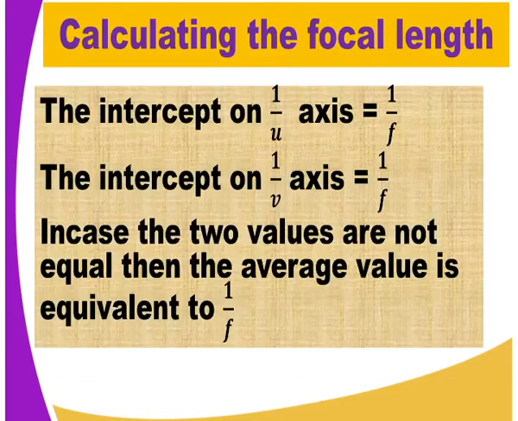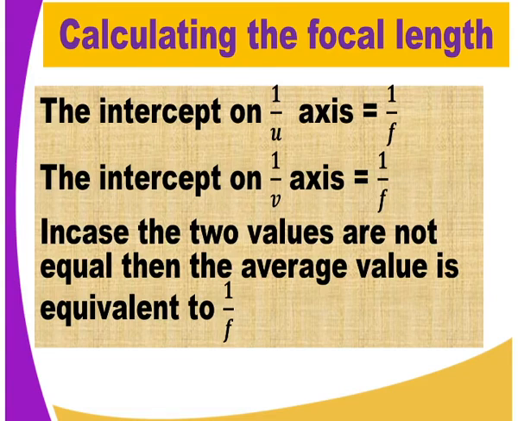From the graph, you can find out that the intercept on 1 over U is equivalent to 1 over f. The intercept on 1 over V is also equivalent to 1 over f, meaning that the intercept on 1 over V is equivalent to the intercept on 1 over U. Therefore, we can also have another case where the two values are not equal.